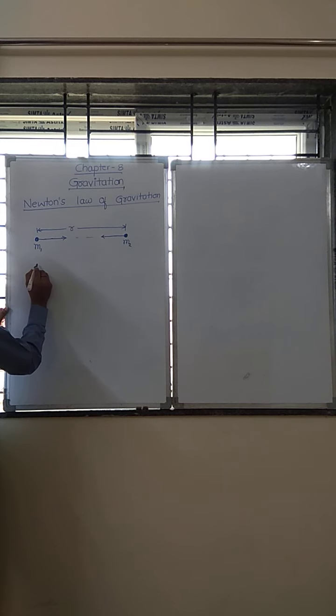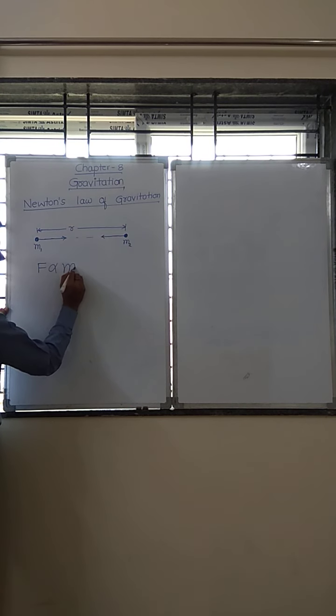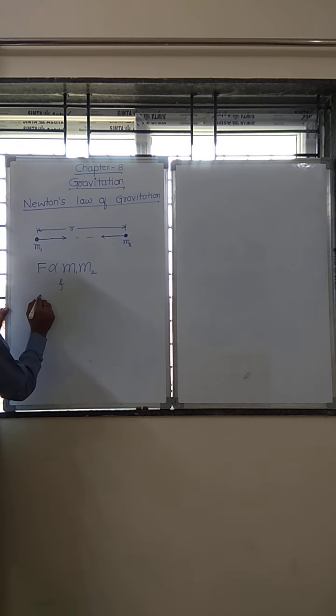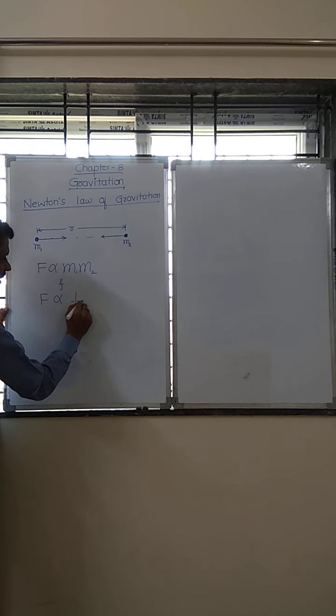According to this, force between M1 and M2 is directly proportional to product of their masses and inversely proportional to square of distance between them.